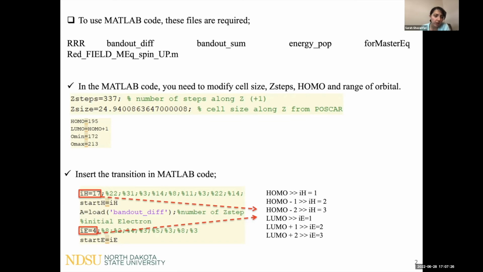As I mentioned previous week, we need to modify a bunch of numbers in the MATLAB code. We need to specify the number of HOMO, LUMO, the range of orbital that we want, the number of steps, as well as the cell size in the z direction, and of course the transition that we are interested in.